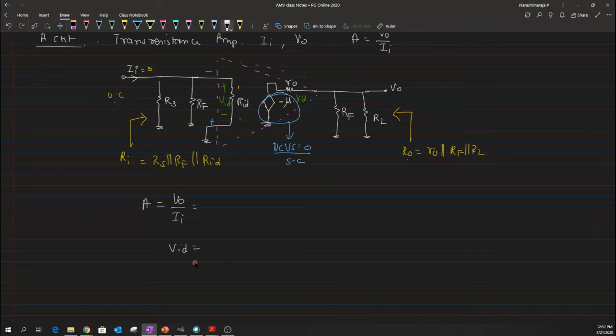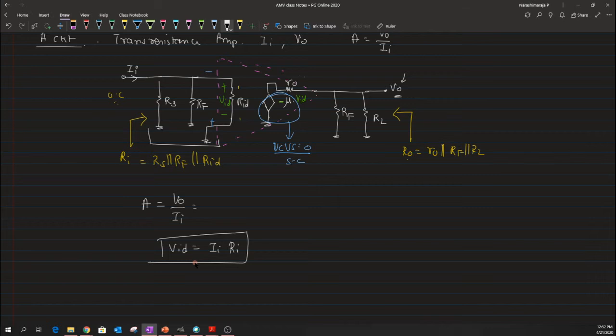Now, this VID is nothing but the current II that flows through this total input impedance of Ri, right. So, I could write it as II times Ri is my VID, or the voltage drop across this resistance. Now, in order to calculate this V naught, we already have a voltage source. So, one could use a simple voltage division rule that would give us the expression for V naught.